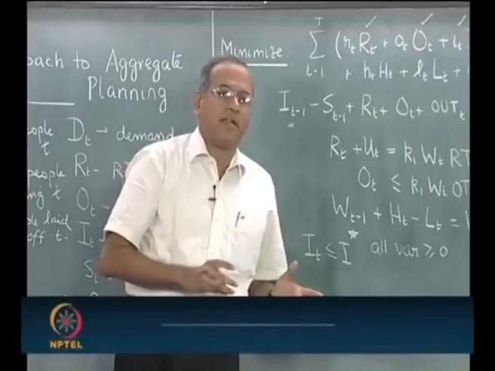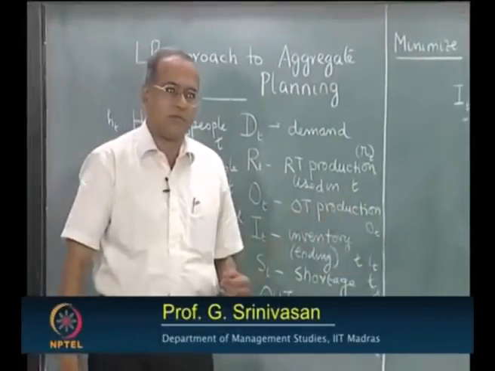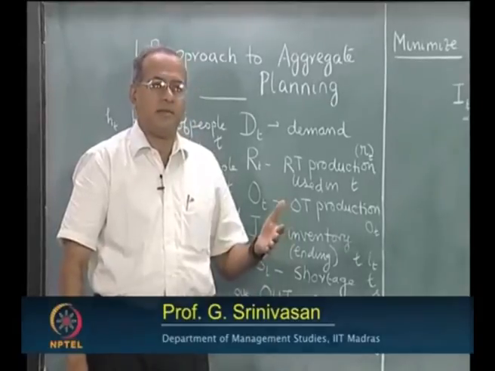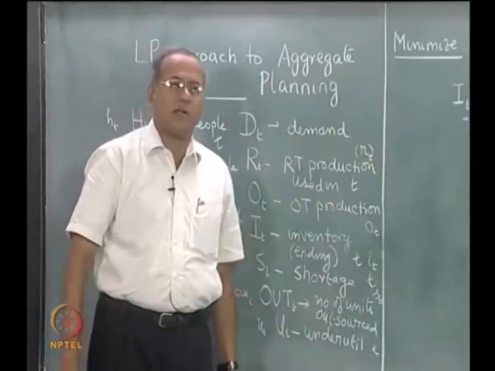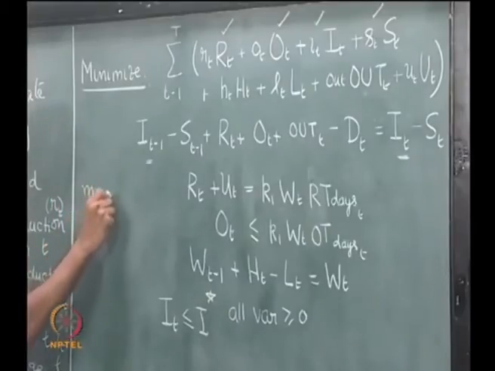So in aggregate planning, we do not try and define these as number of units produced or number of people hired, but all the variables are now represented in a single unit which is called man hours.